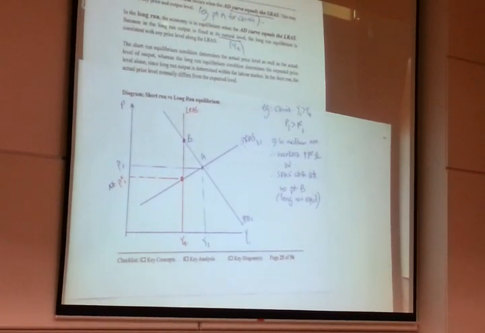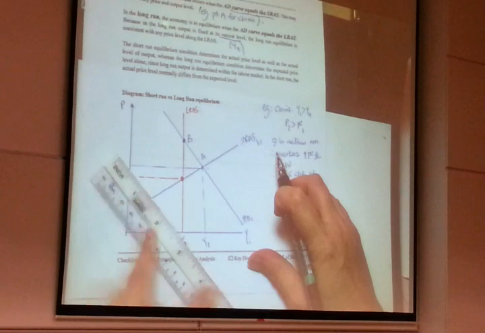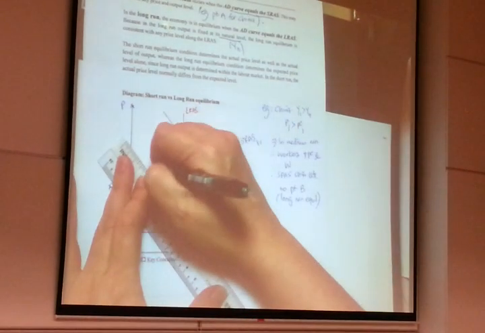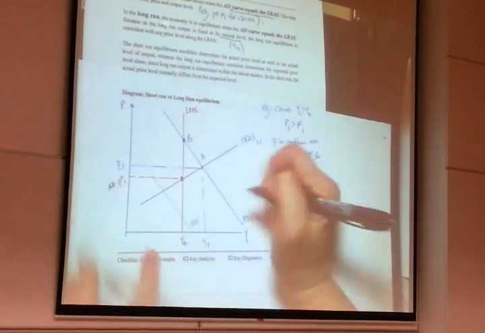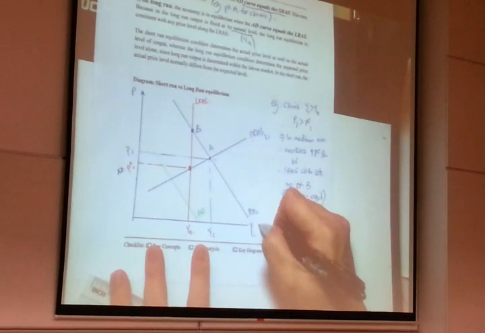Okay? Now, besides point A, there's another possibility that your AD may be too low. Let's draw another set. So you may not be at AD1.